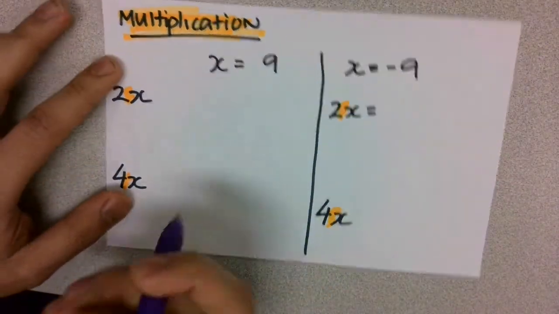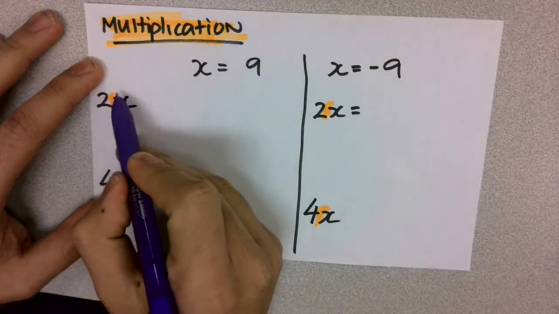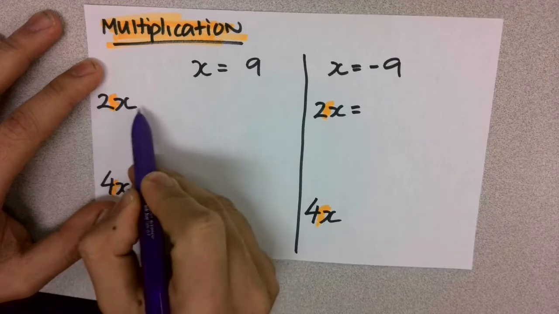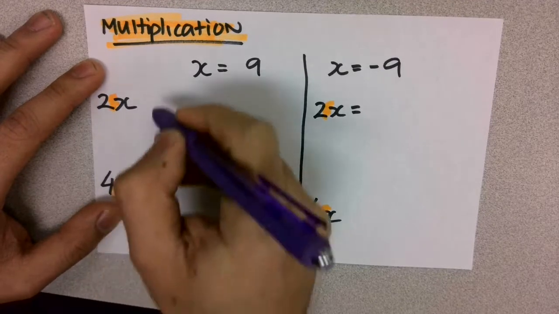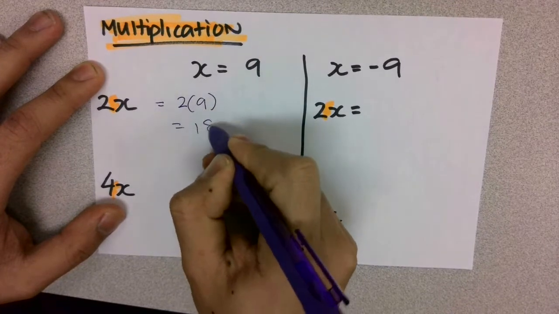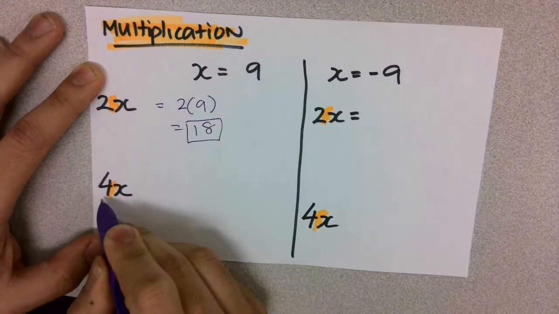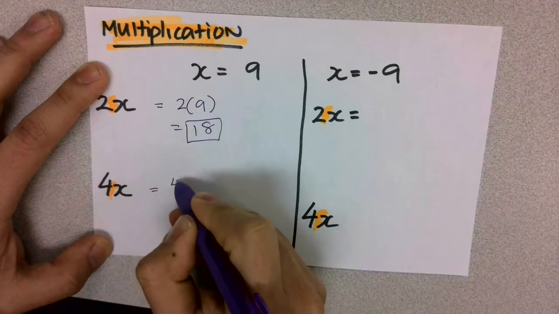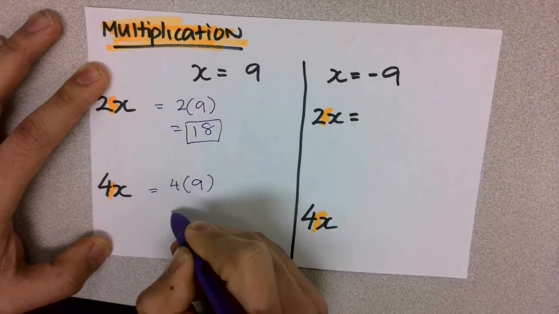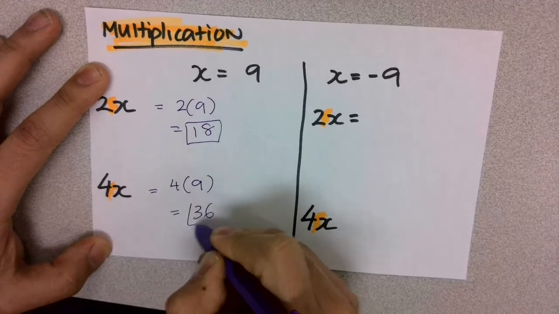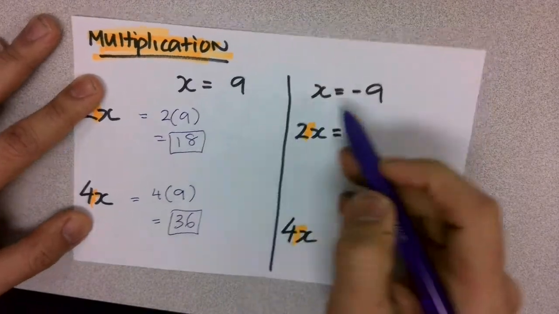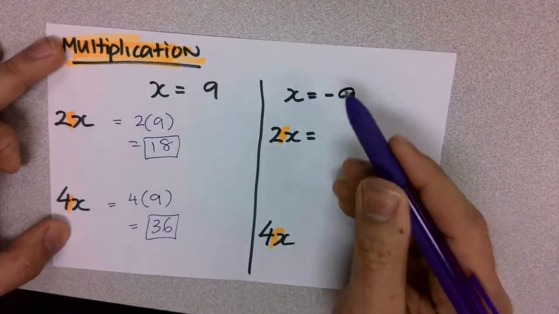All right, let's just start with multiplication now. For multiplication, if there is a coefficient and a variable and there's no signs or anything, we assume it is multiplication. So in this case, it will be 2 times 9, and that will give me 18. Same for this one. 4x is the same thing as 4 multiplied by x. In this case, x is 9, so 4 times 9 would be 36. Again, this is easy because we're dealing with positive numbers, but if it's negative, we have to remember our integer rules.